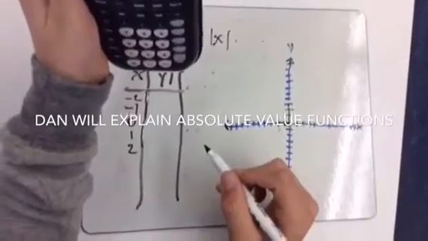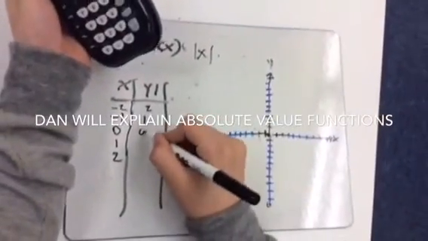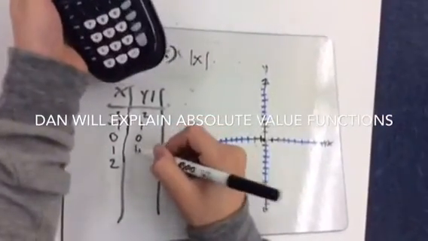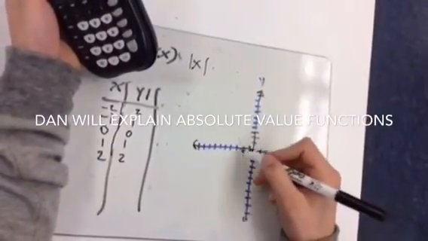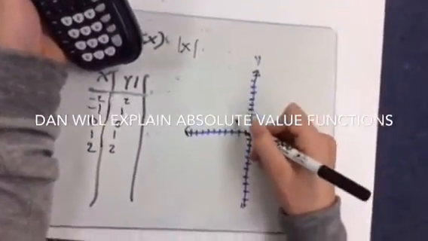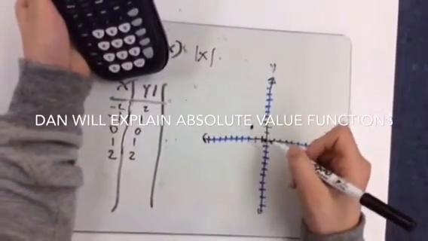And then after you do that, you plot the points, and that's -2, -1, 0, 1, 2. So you go to -2, then you go up 2. Then you go to -1, 1.